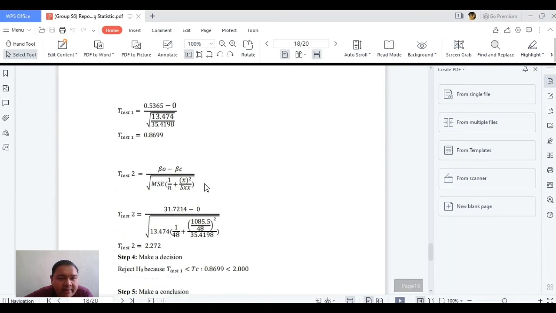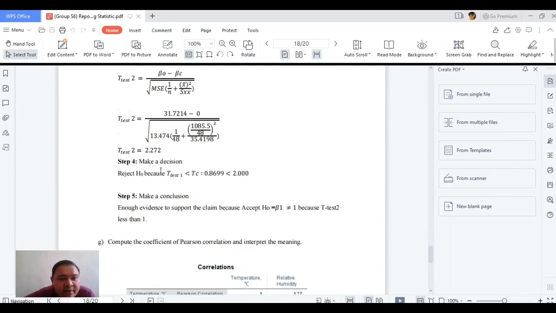For test 2, beta naught minus beta c over square root of MSE times 1 over n plus x bar squared over Sxx. For test 2, 31.7214 minus 0 over square root of 13.474 times 1 over 48 plus 1085.5 over 48 squared over 35.4198. Then we will get the answer 2.272.